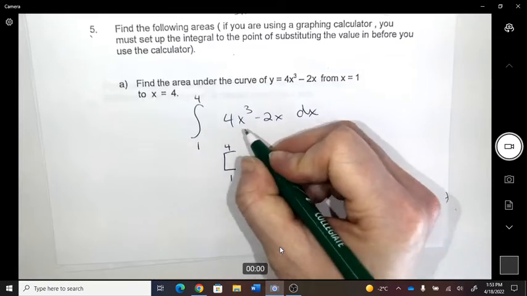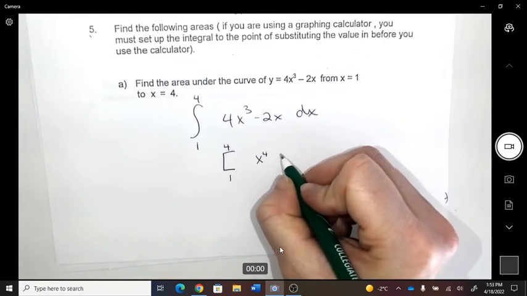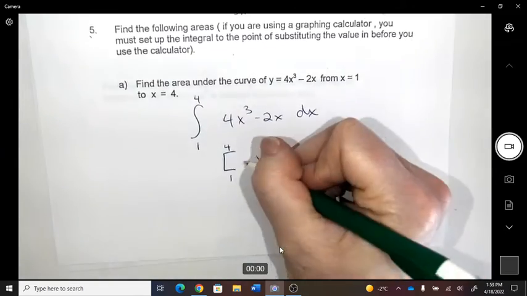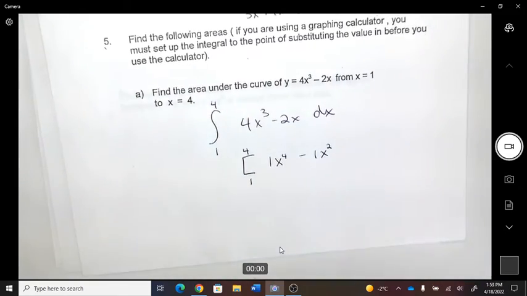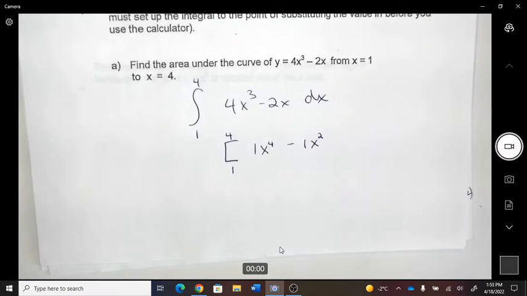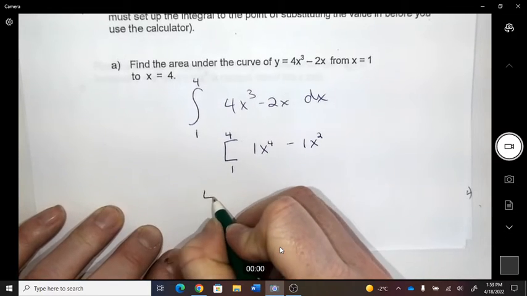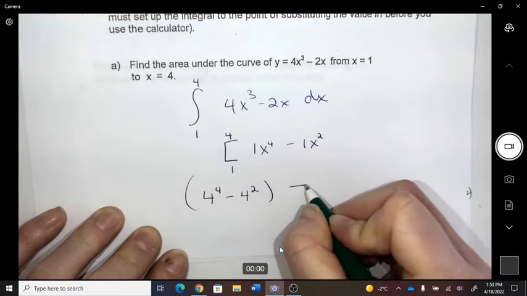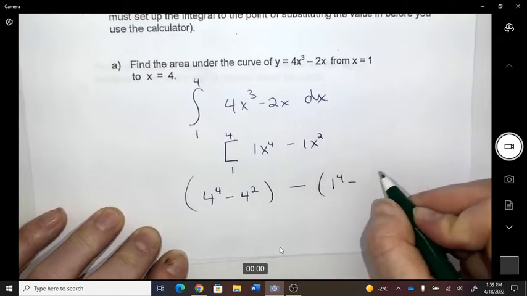So up 1, divide. Up 1, divide. Okay, I'm going to plug in a 4. And then I'm plugging in a 1.